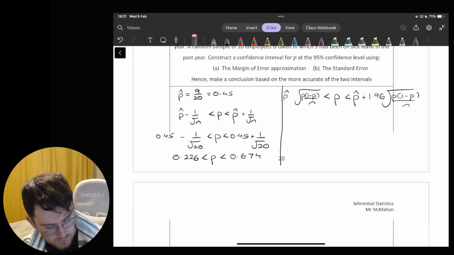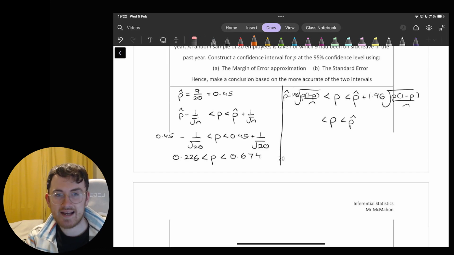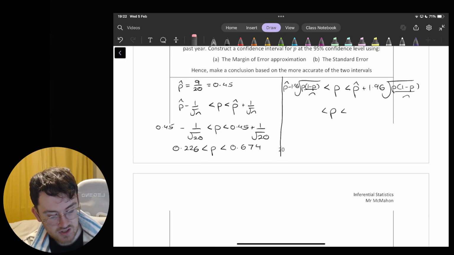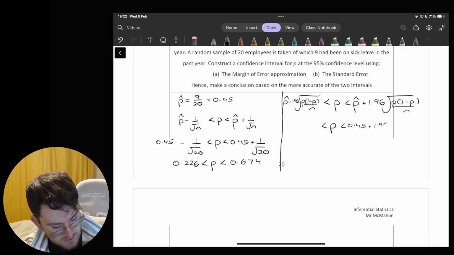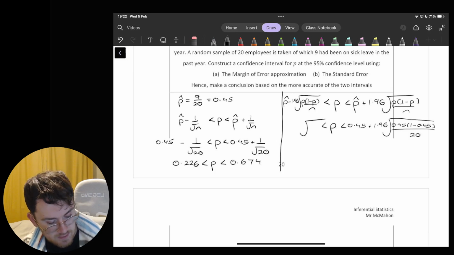Not to forget the 1.96. Remembering what we said, p is generally unknown, so in our formula we're going to be using p hat in our standard error calculation. That's absolutely fine. So 0.45 plus 1.96 times root 0.45(1 minus 0.45) all over n, which is my sample size, so that was 20.